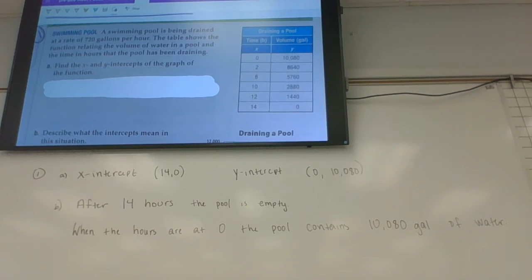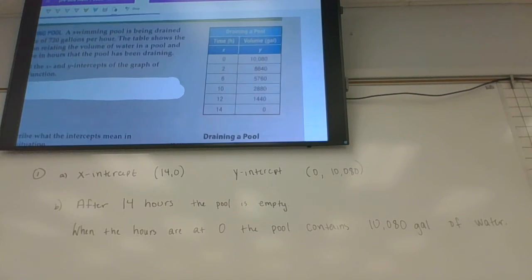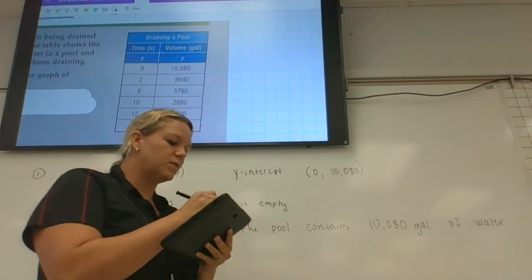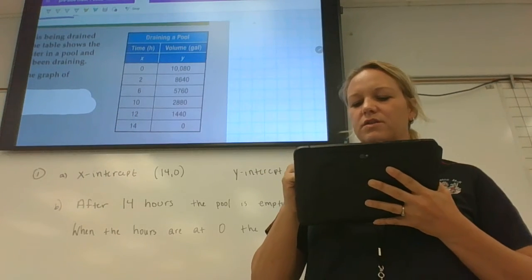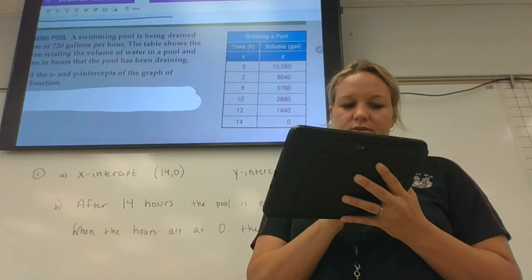It's gotta be there. If that's the table of the thing, and then there's going 720, it's gonna show up there. Maybe we need a calculator. Is 720 showing up? It says 720.